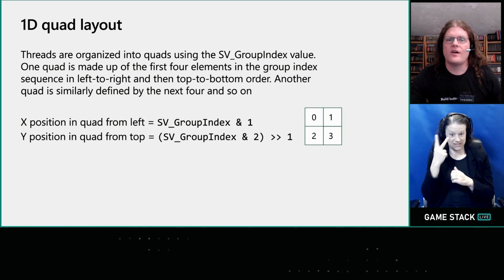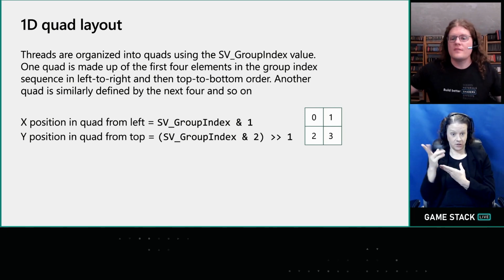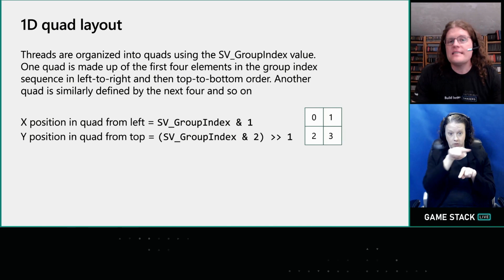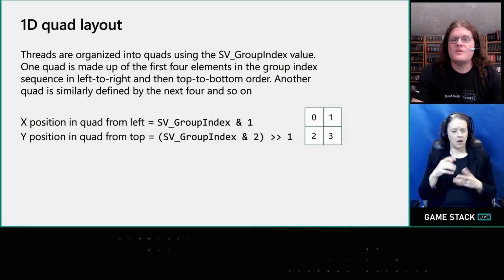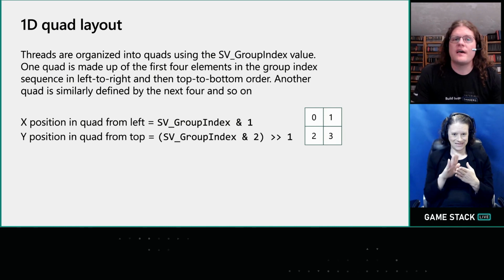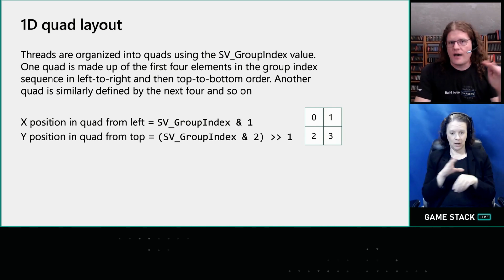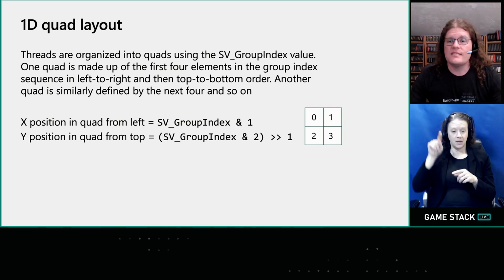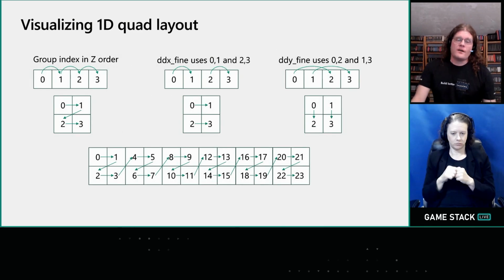We've got a diagram of how the first quad in a big group of these might be laid out. Said a little more formally, the X position in the quad is defined by the least significant bit of the group index value, and the Y position from the top is specified using the second least significant bit. Now here we have some diagrams.